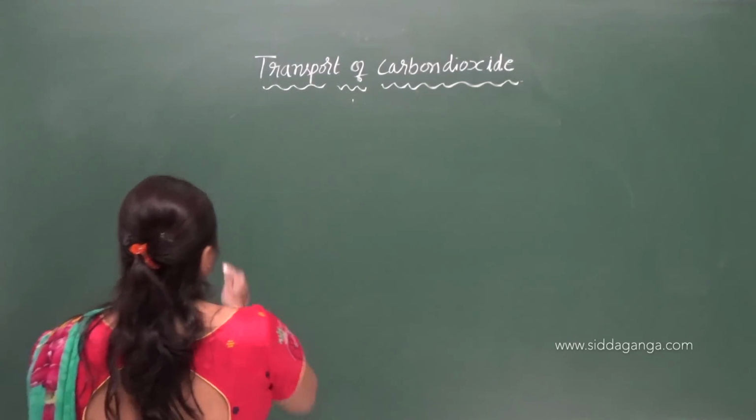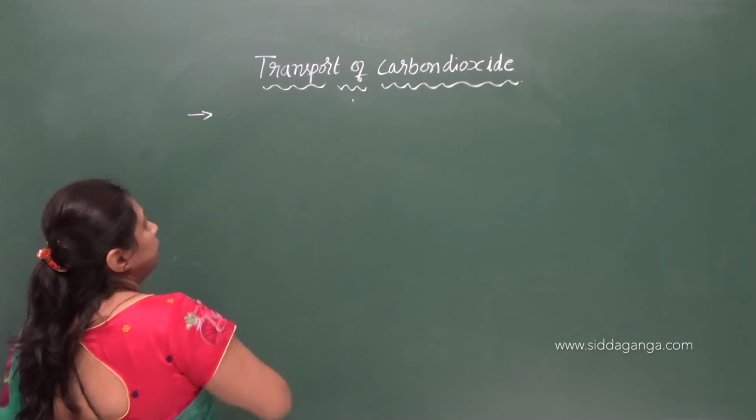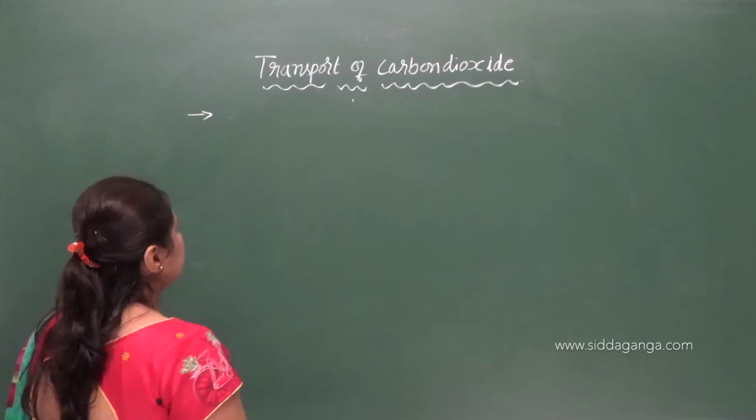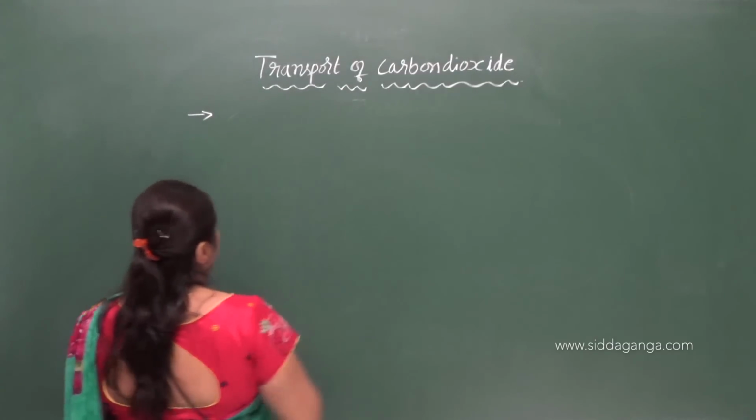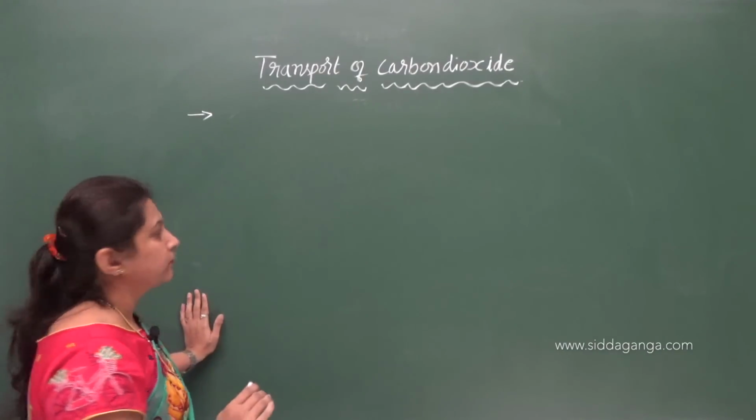The blood transports carbon dioxide mainly in three ways.